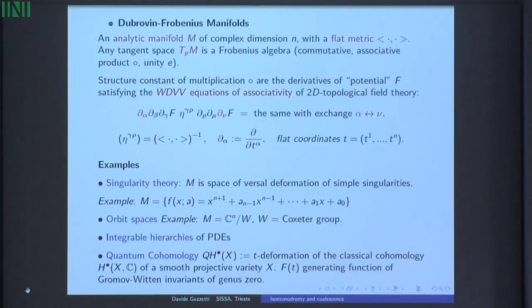These are manifolds with the property that if you take the tangent space at each point, this is an algebra, actually a Frobenius algebra. So there is a multiplication. You can multiply vectors. This multiplication is commutative, associative. There is a unit, and so on.